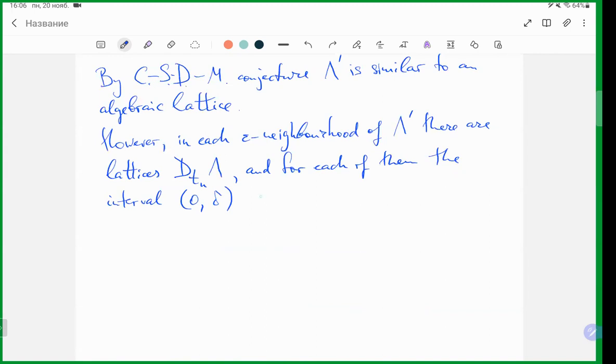So this interval is free from values, say product v1, v2, v3, where v belongs to D_{t_n} lambda.